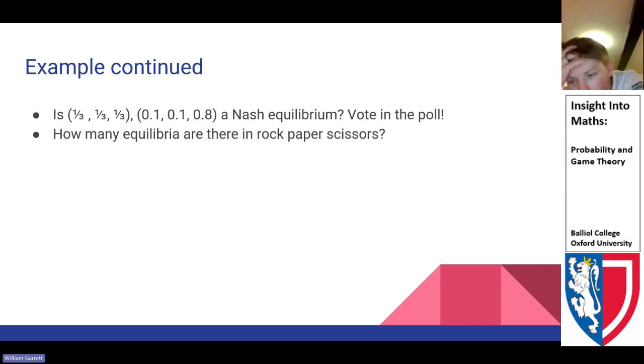Okay, I think you need to think again. So you're saying rock, paper, scissors can't have Nash equilibriums because at least one person can always improve their result. In the example I've got on screen right now, we have one third, one third, one third versus 0.1, 0.1, 0.8. Are you sure no one in this situation can improve their result?